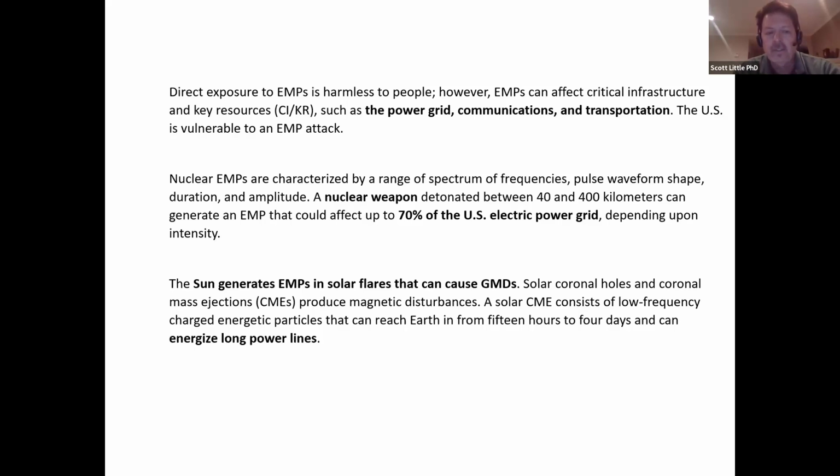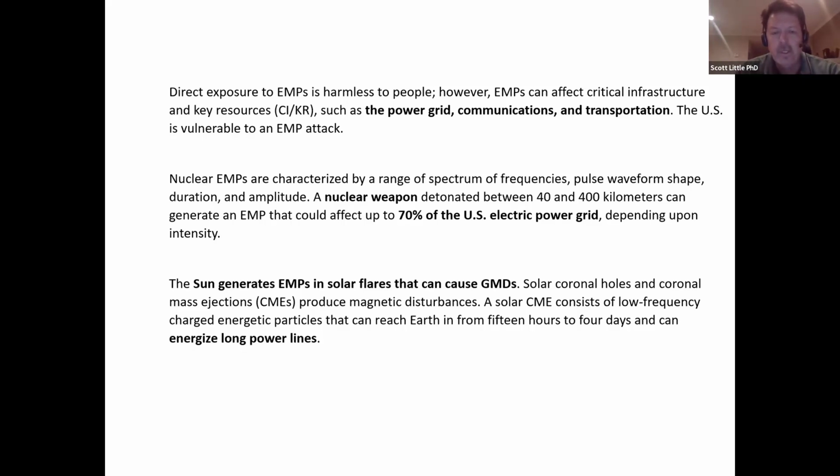Nuclear EMPs are characterized by a spectrum of frequencies, the waveform shape produced, and the duration and amplitude of that waveform when an EMP is created by a nuclear weapon. We'll break that down in a couple more slides.